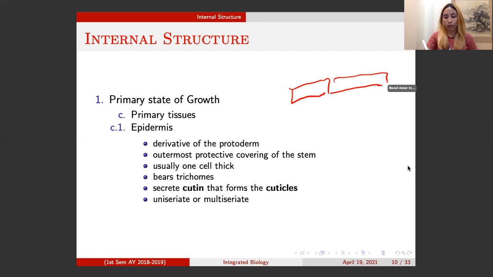From them, when there is growth, there is an outgrowth from the epidermis, and these outgrowths are what we call trichomes.